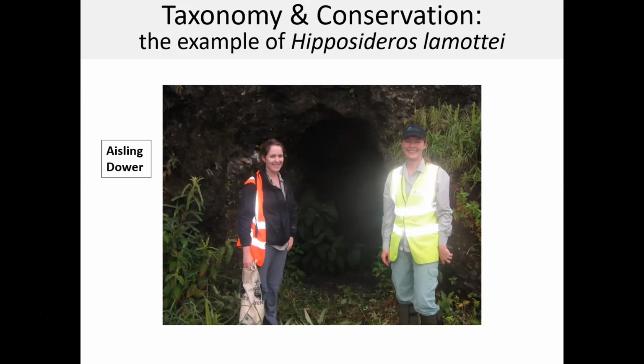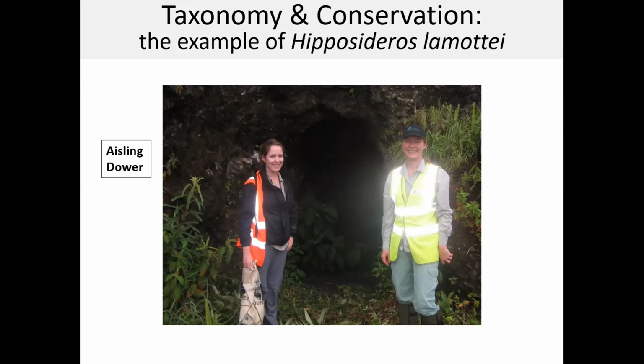The first example comes from West Africa, from Mount Nimba, and this is the case of Hipposideros lamotti, and this is work that was done in collaboration with Aisling Dawa, who works for Golder International.